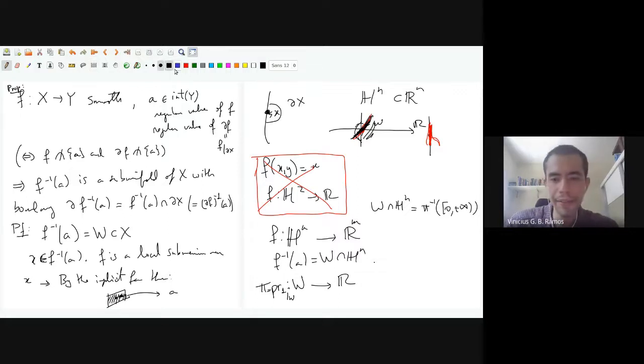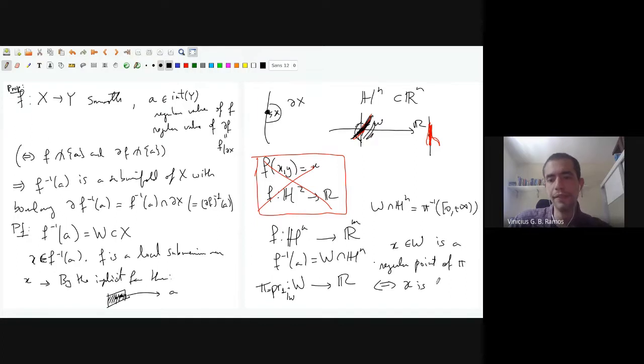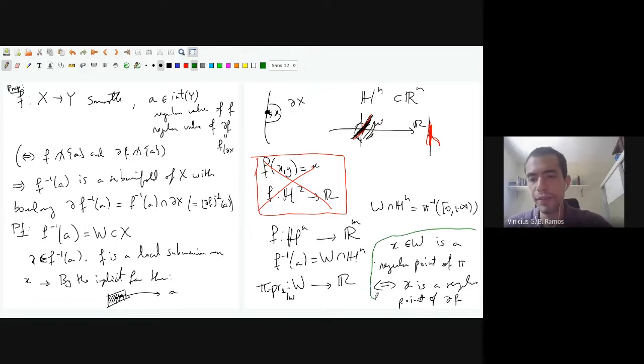If you take an X in W, then X is a regular point of pi if and only if X is a regular point of the boundary of f. Okay, so this is the little result that you need to understand.